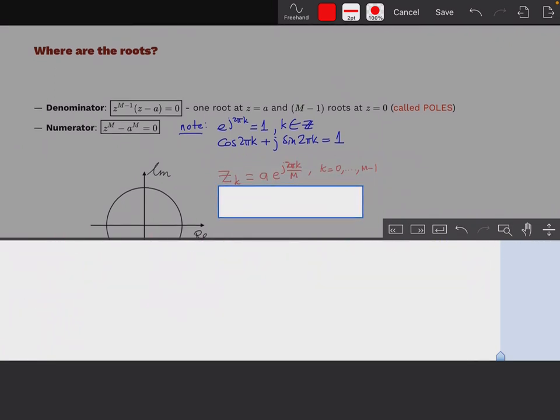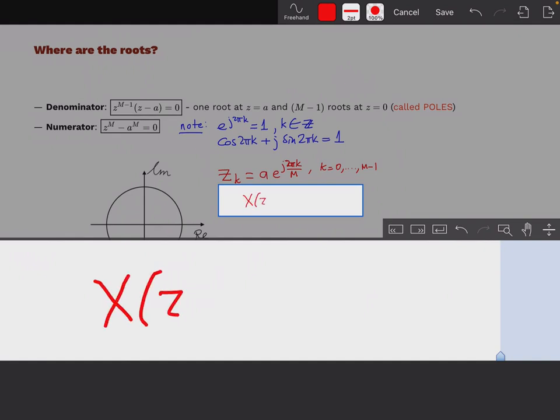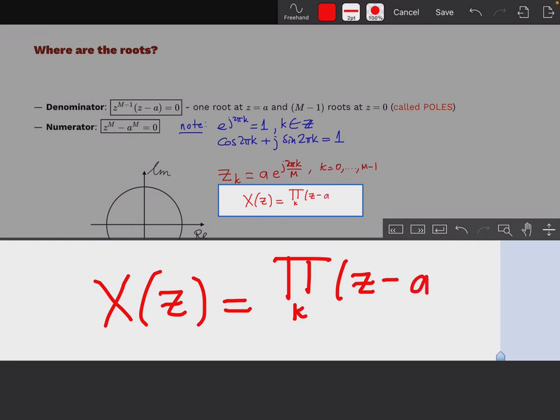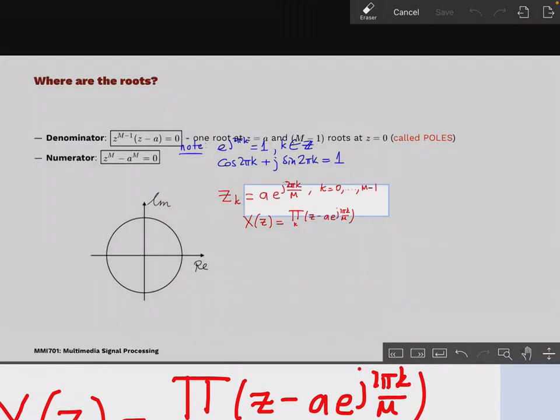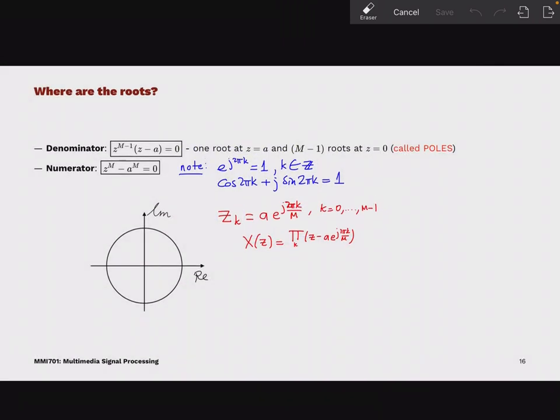So we have then X of z equals, for all k, z minus a e to the power j 2 pi k over m. So let me just write it once again.